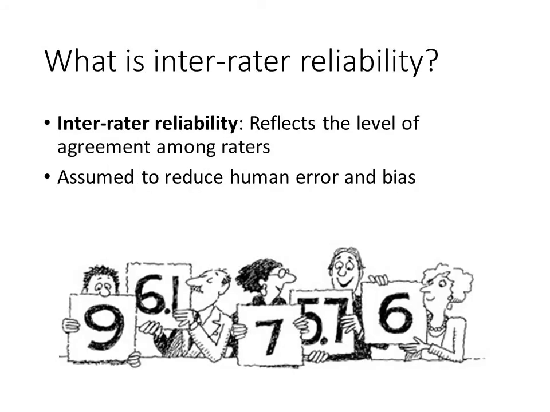Not only do we care about the consistency of tests and measures themselves, we also care about the consistency of the ratings and decisions being made by humans, by the people who are in charge of administering the test, the measure. Inter-rater reliability represents the extent to which different raters agree with one another. In the graphic on the slide, you can see one person gave a 9, another judge 6.1, 7, 5.7, 6.